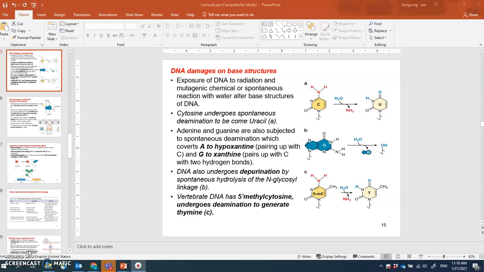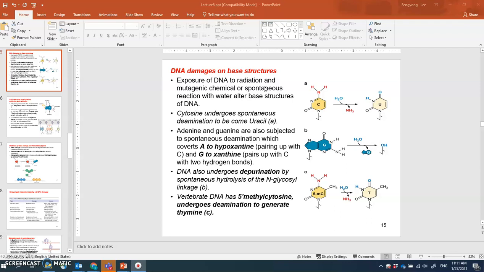If you expose your DNA to radiation, strong energy, or mutagenic chemicals, or even a spontaneous reaction with water, the base structure can be changed. So in the previous Ames test, even exposure to deionized water can induce mutation. About 5 to 10 revertants can be found, right? So spontaneous mutation is possible.